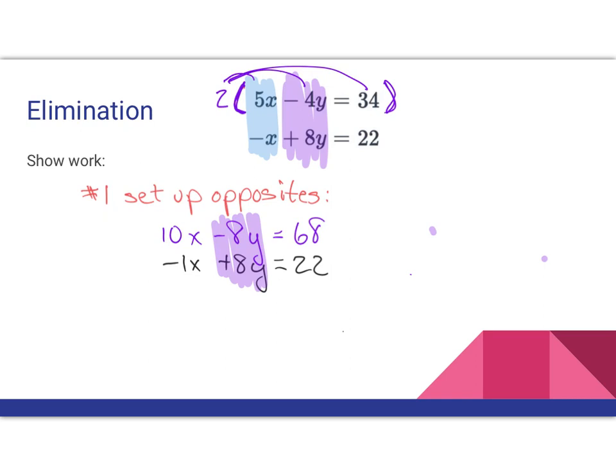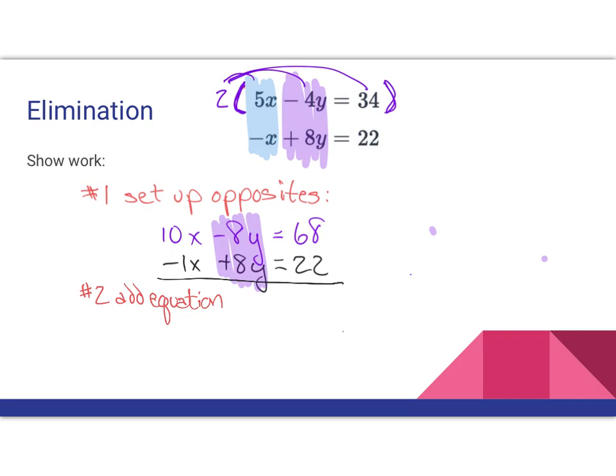So step 1 is just setting it up so that we have it. And so then now, step 2, I'm going to add the equations together. When I'm adding them together, I'm literally adding down, that elementary math where we would work down.